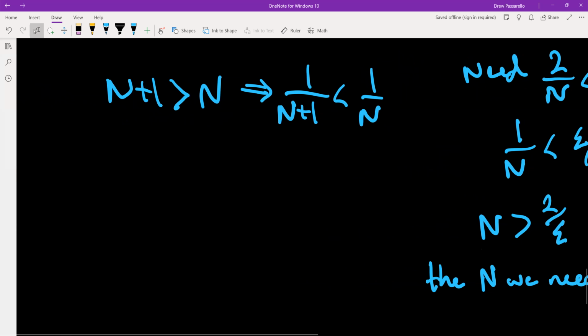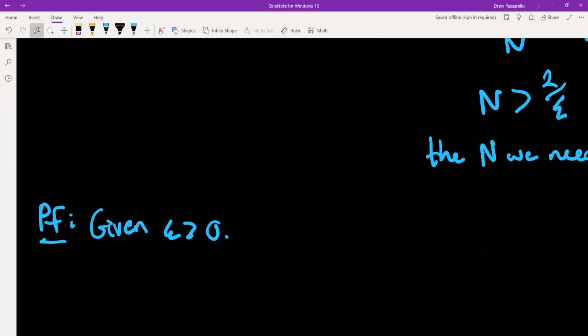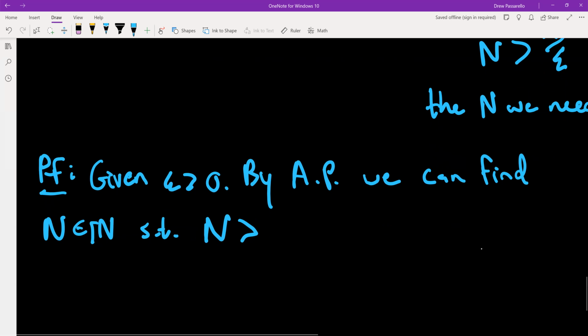So proof, you always start out given epsilon, and then by the Archimedean principle or Archimedean property, we can find an N in the natural numbers, capital N, such that capital N is bigger than 2 over epsilon.